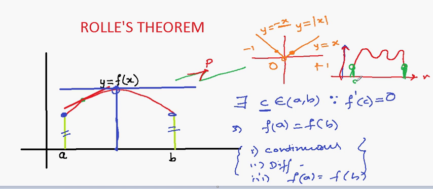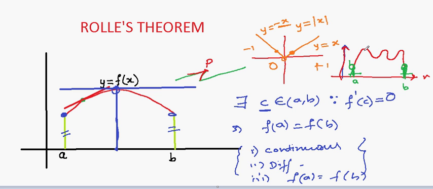Okay, so A and B. So the curve is continuous, the curve is differentiable because there are no sharp edges, and also the green lengths are same. Okay, these lengths are same. Then there exists at least one point.